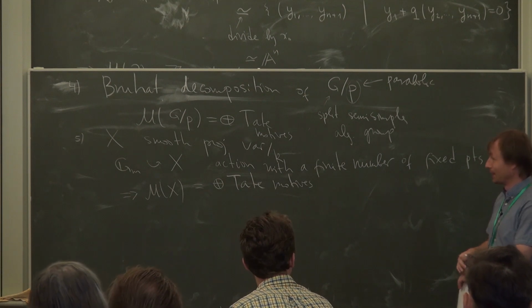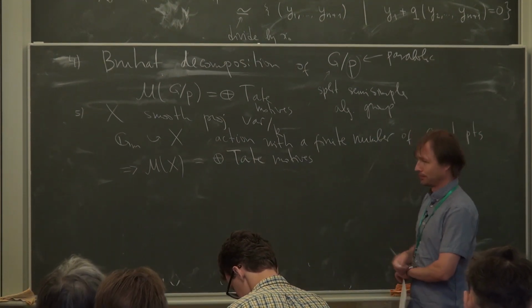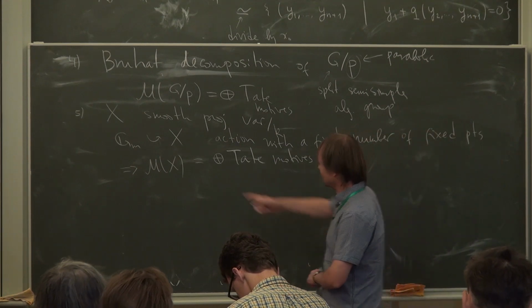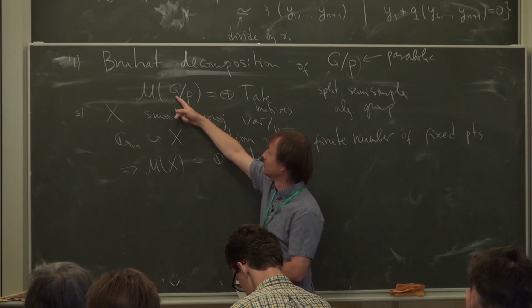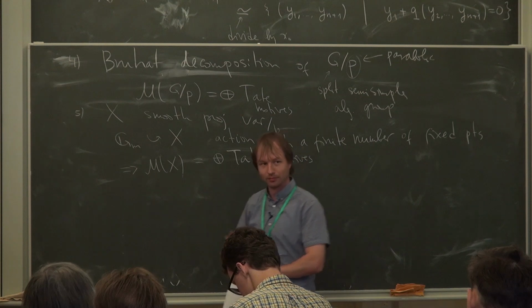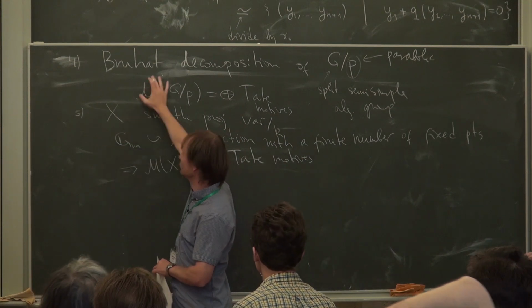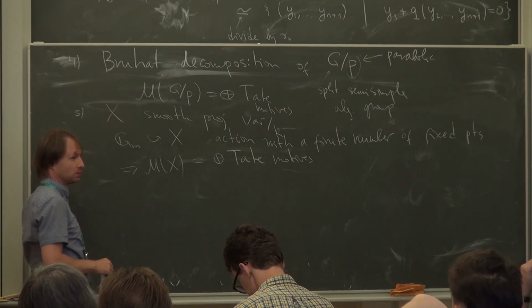It really depends on the action, but there is a way to determine them. So this is a generalization of the fourth example, because here there is indeed an action of Gm with a finite number of fixed points. So it's a strict generalization of the example with G mod P.